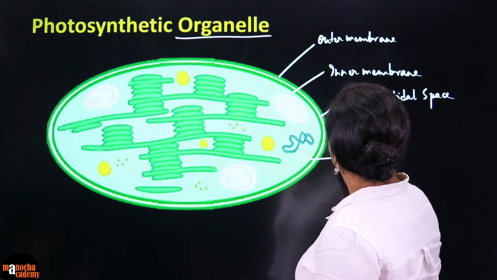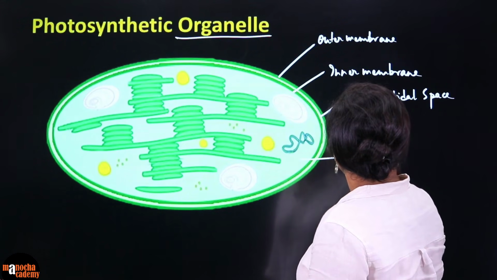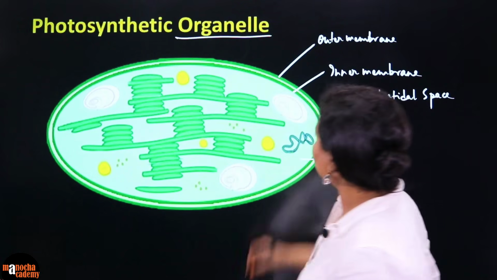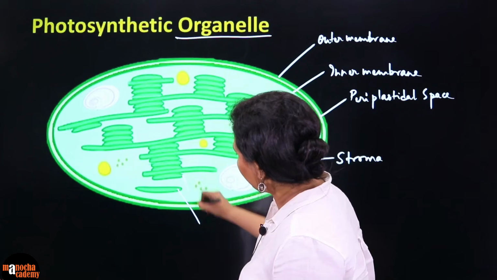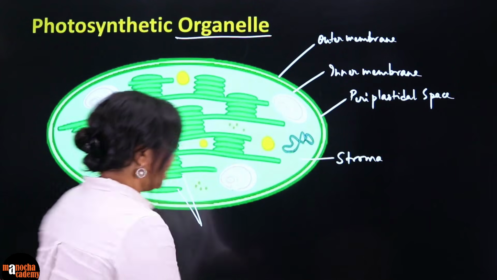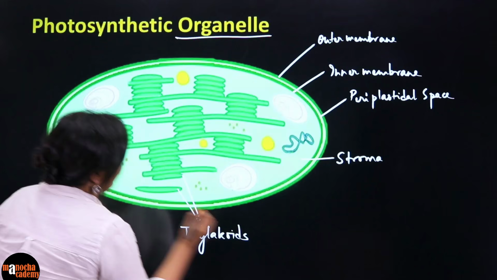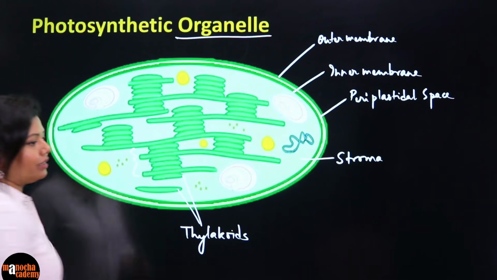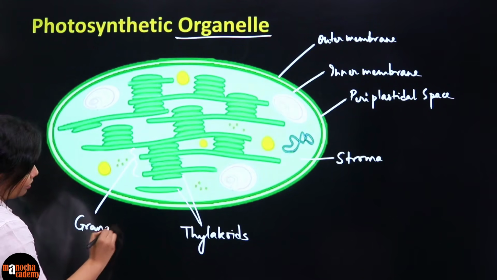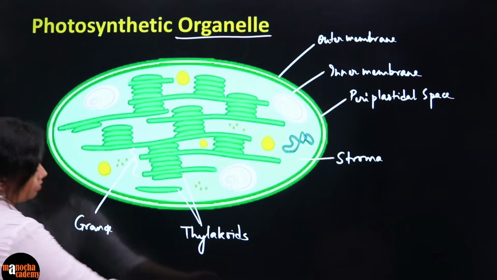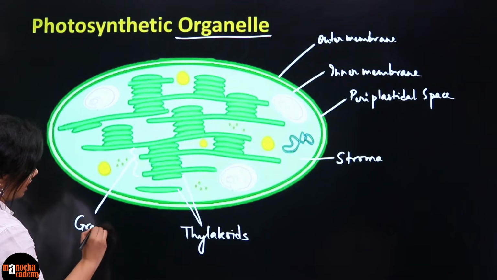Okay. Inside you have the fluid which is known as stroma, and in the stroma you have disc shaped structures which are known as thylakoids, and these thylakoids are arranged in stacks in the form of coins which are known as grana. Actually they are known as singular granum.